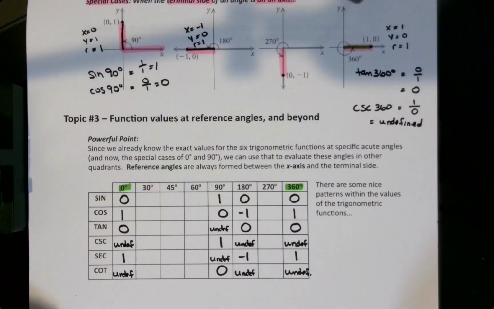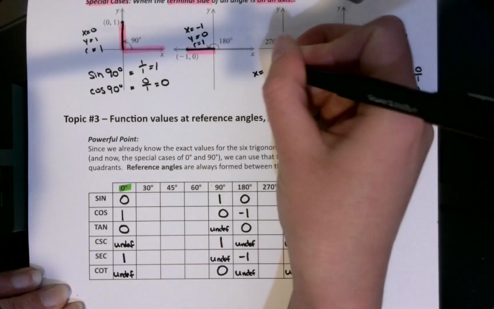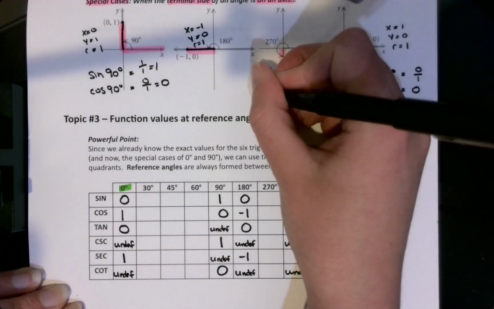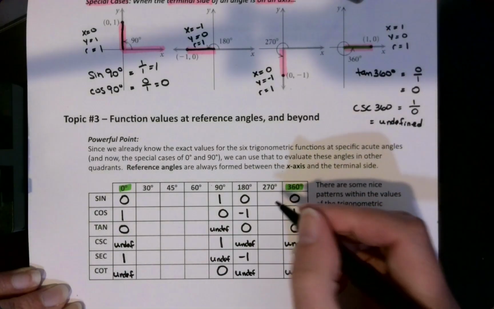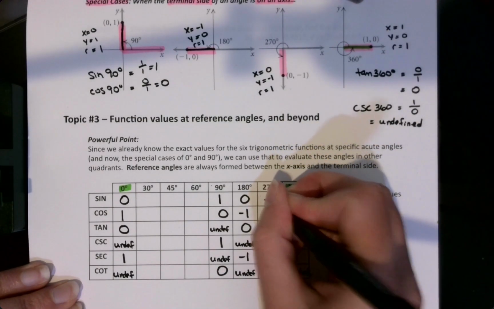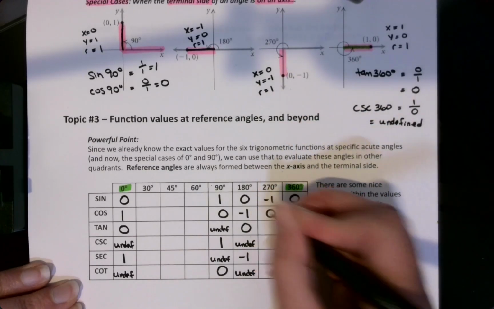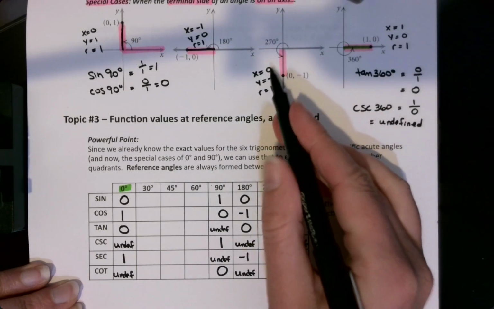Okay, now we have the 270. In 270, the x-coordinate is 0, the y-coordinate is -1, and the r value is 1. So the sine is going to be -1 over 1 for y over r. That's -1. The cosine, 0 over 1. That's 0. The tangent, y over x, that's -1 over 0.